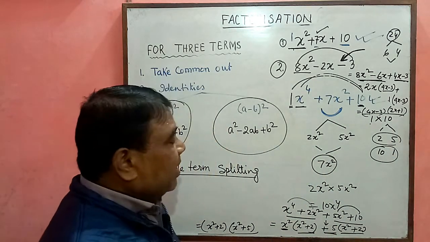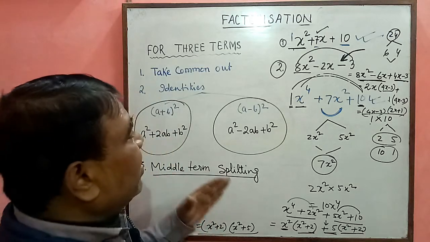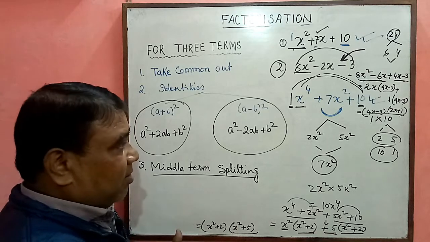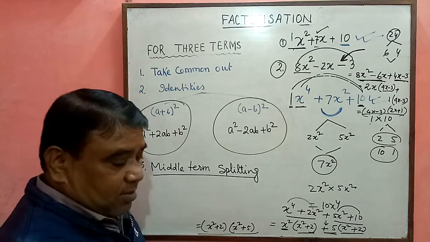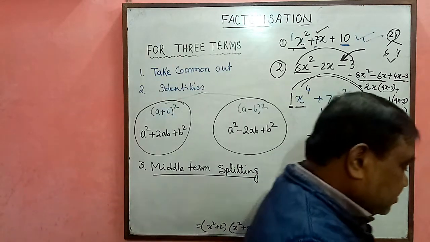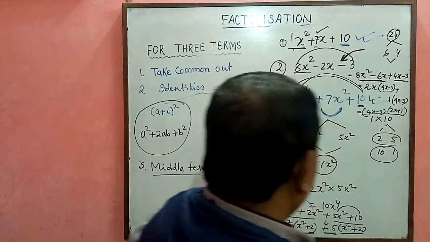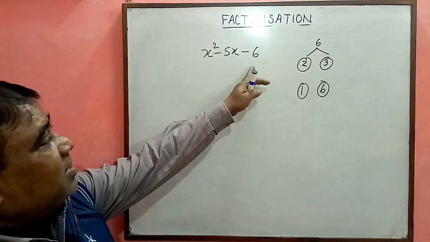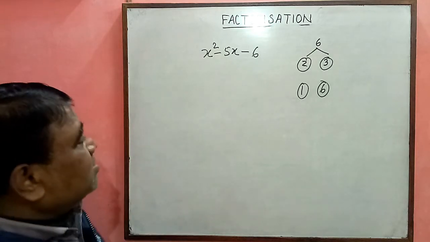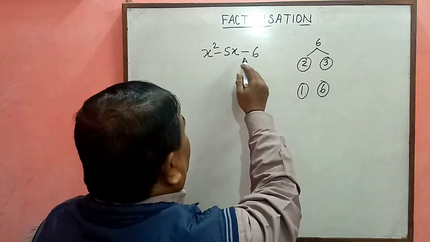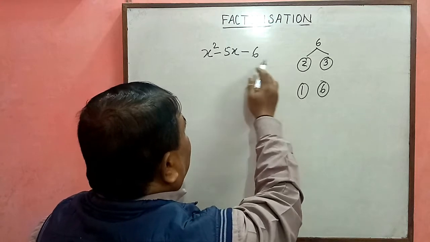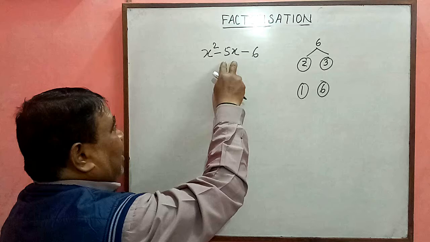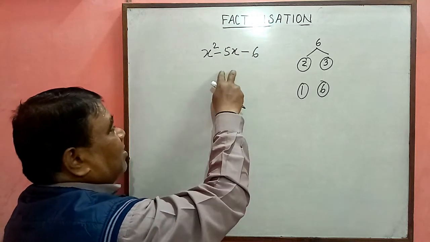Now let me clear this one. We have come to know about the middle term splitting factor. Let me take an example. Now this example will tell us the fundamental idea, what is to be done when we will add or when we will subtract.